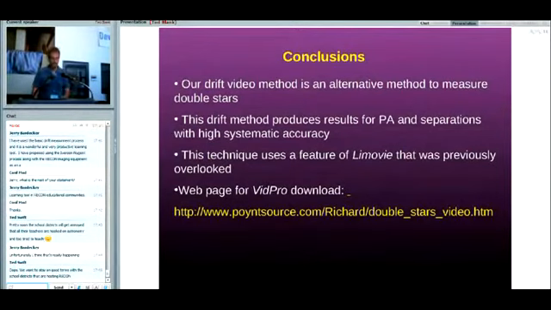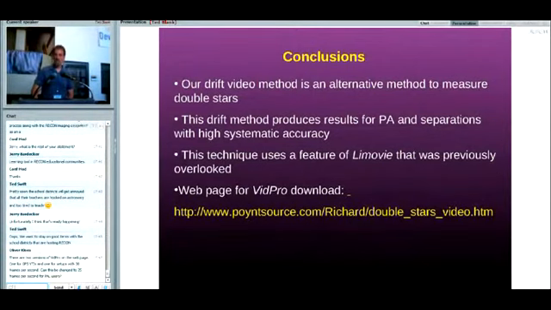I think that's right. Now, our next phase of this research, as Ernie mentioned at the very end of his talk, is the magnify function. We're experimenting now with the magnify function to get even closer double stars, and we want to put those speckle guys on notice. I did have a question. When you do your measurements, Limovie tells you where the center of the aperture is.